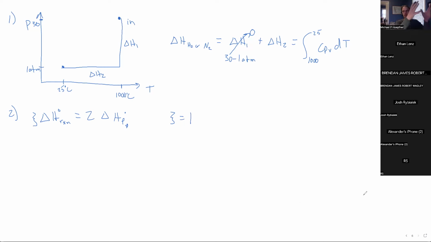So I have one chunk of this going to that, and it's a complete reaction. The final step is we're going the opposite. So P and T, this is for the ammonia. We're going from 1 atmosphere to 30 atmospheres.